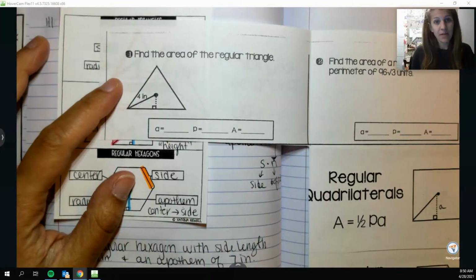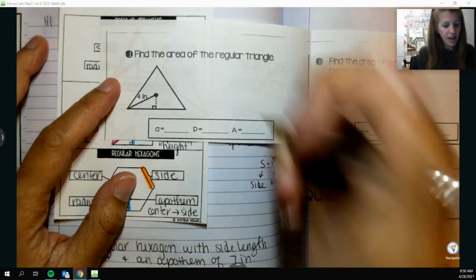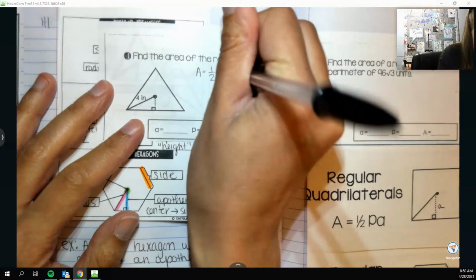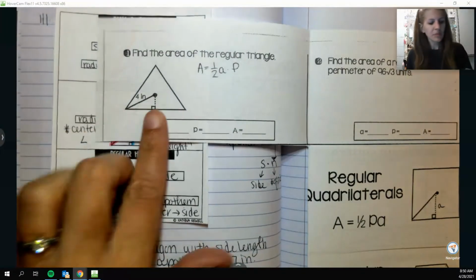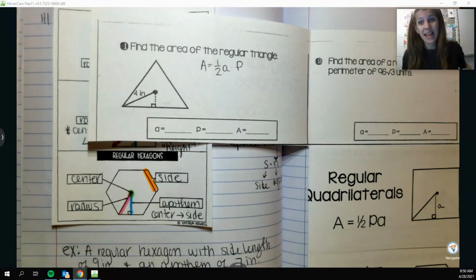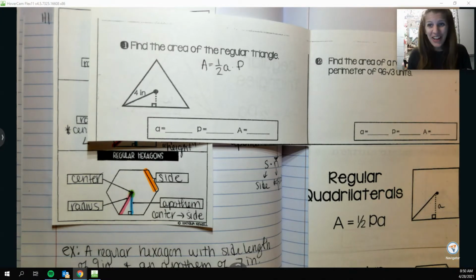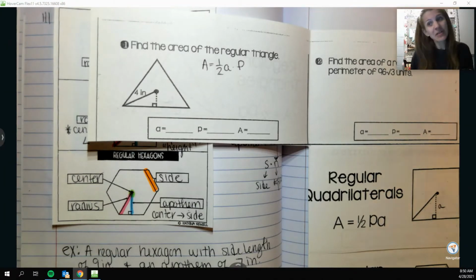So if we take a look at this first one here, if I want to find the area of this regular triangle, I want to do half apothem times perimeter, which unfortunately they have not marked my apothem for me, and they haven't given you your side length. Because you know it's a regular triangle, this one is maybe a little bit simpler.